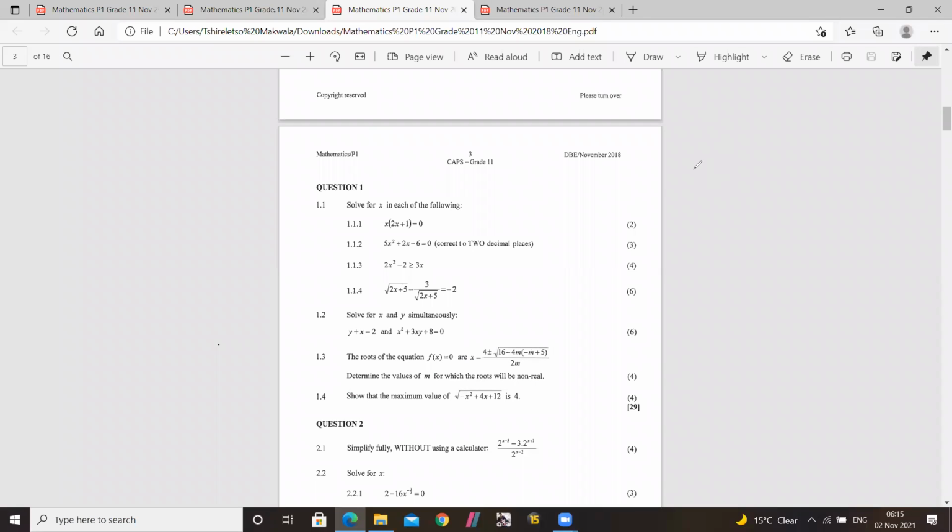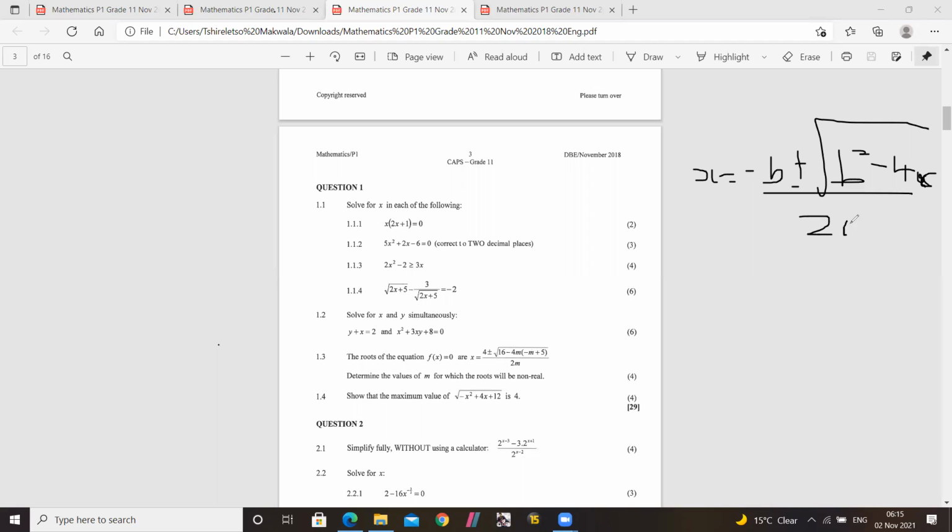Now, we know the formula: x equals negative b plus or minus the square root of b squared minus 4ac, all over 2a, right?